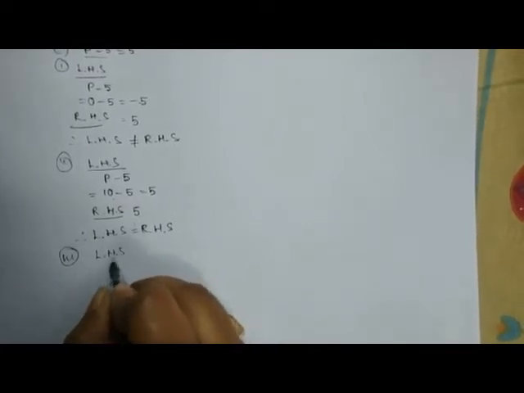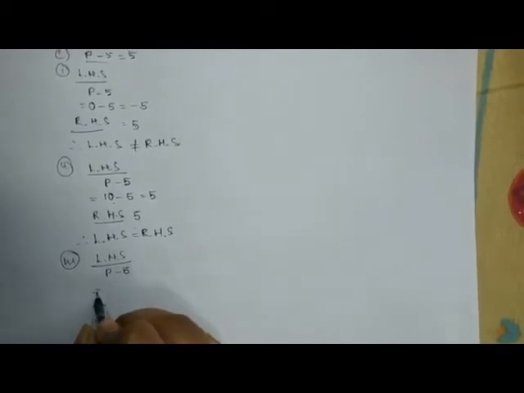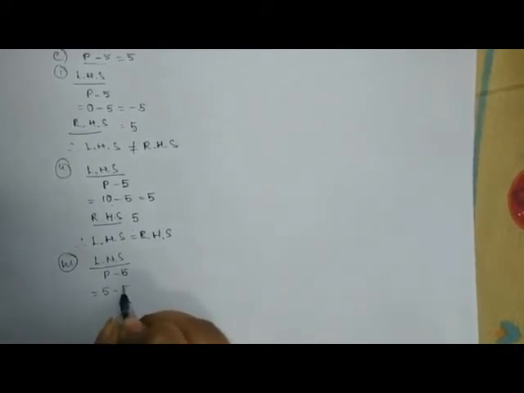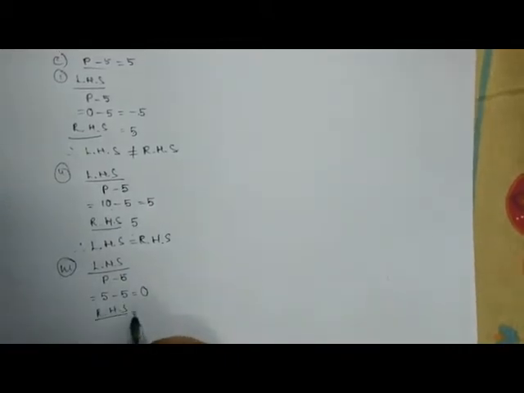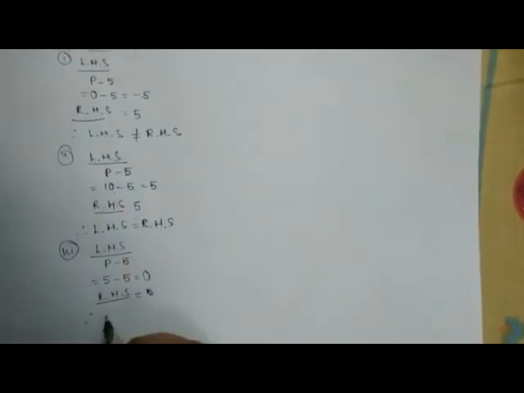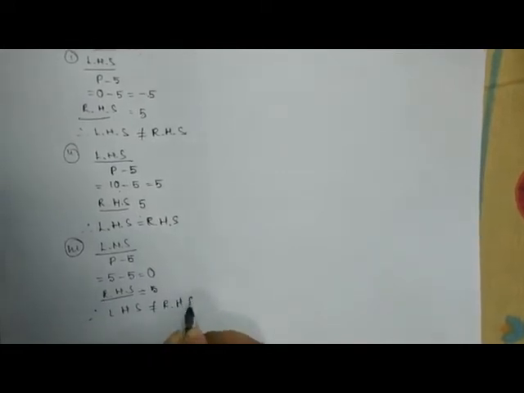Now let us check with the next option. Again we will write left hand side, which is p minus 5, and in the next option we have 5 in place of p. So 5 minus 5 is 0, and on the right hand side we have 5. So we will write left hand side is not equal to right hand side.